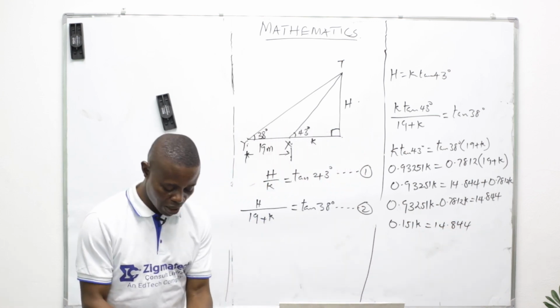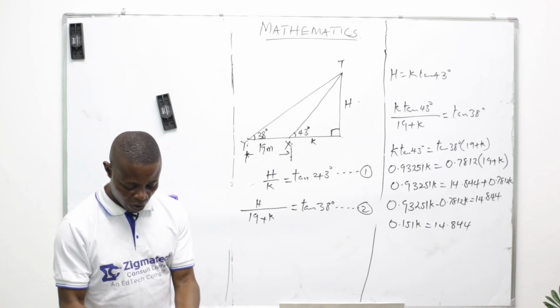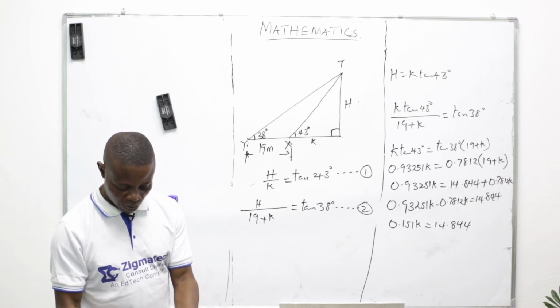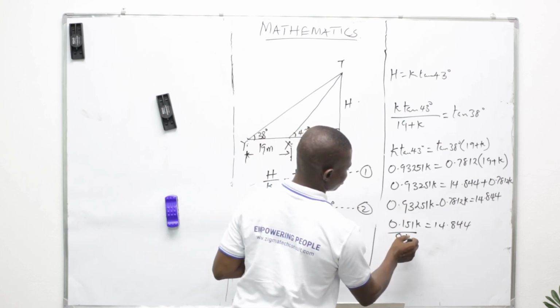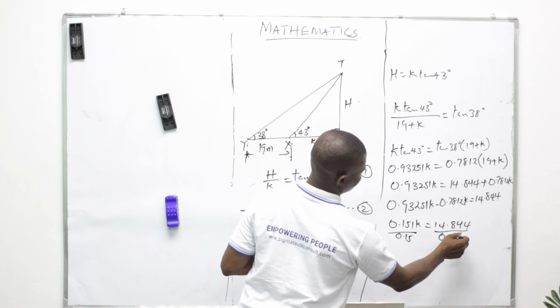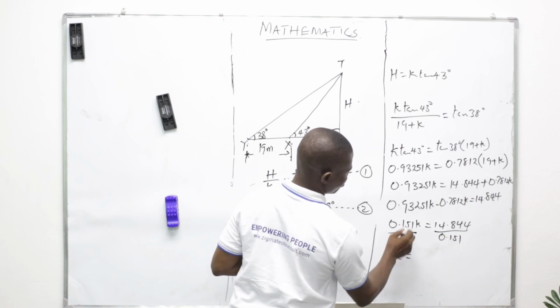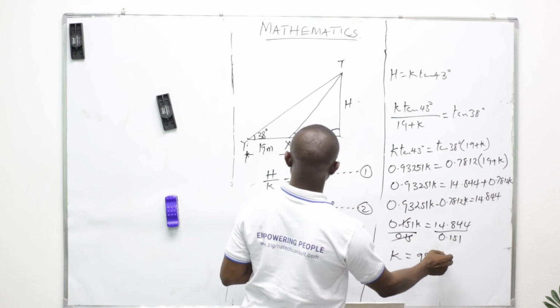Dividing through by 0.151, 14.844 all over 0.151, gives 98.3. K equals 98.3 meters.